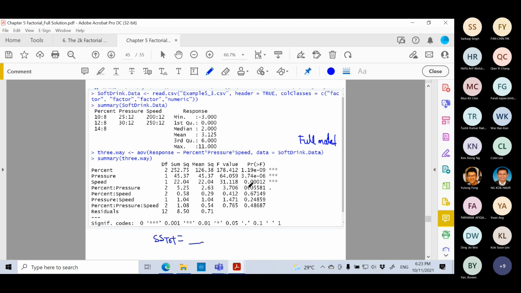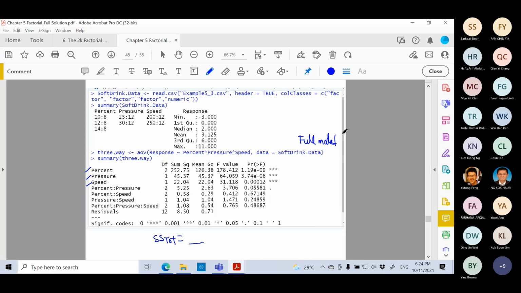After testing the hypothesis, we found that the percent, pressure, and the speed, these 3, are all important factors. They are important because of the sum of square here, and at the same time you're using different percentage, different pressure, and different speed, they will give you different results.